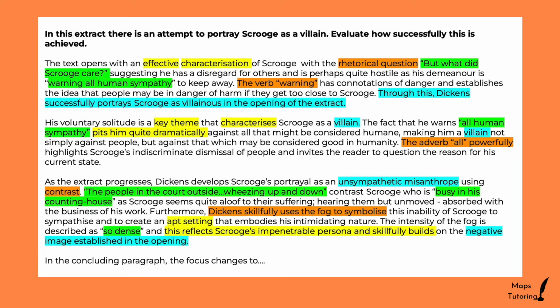The intensity of the fog is described as so dense, and this reflects Scrooge's impenetrable persona and skillfully builds on the negative image established in the opening. As you can see there, I've started a concluding paragraph, and I'll leave that to you to attempt.